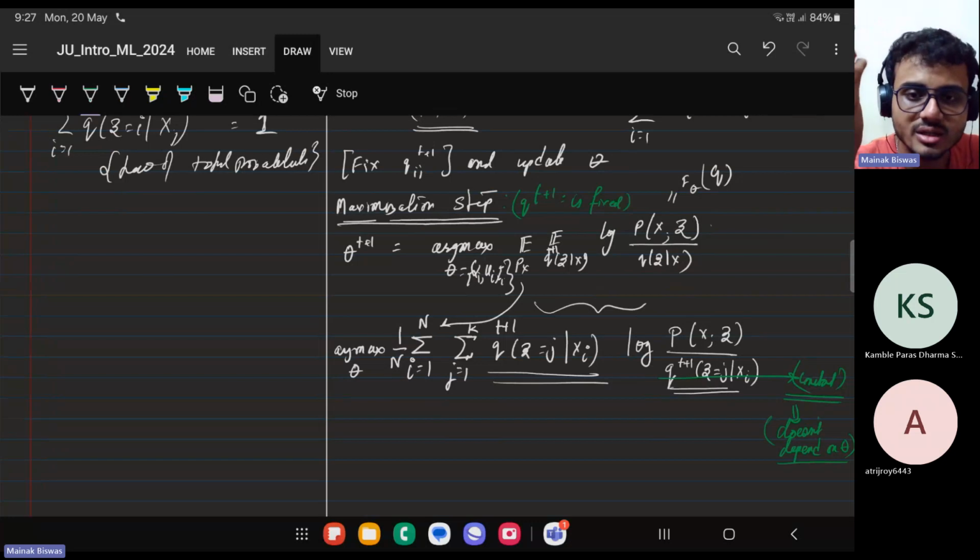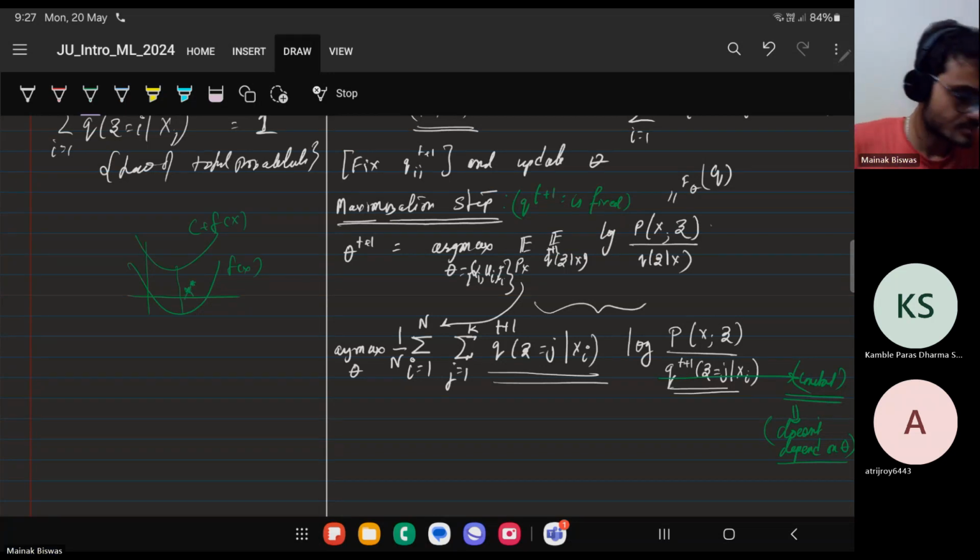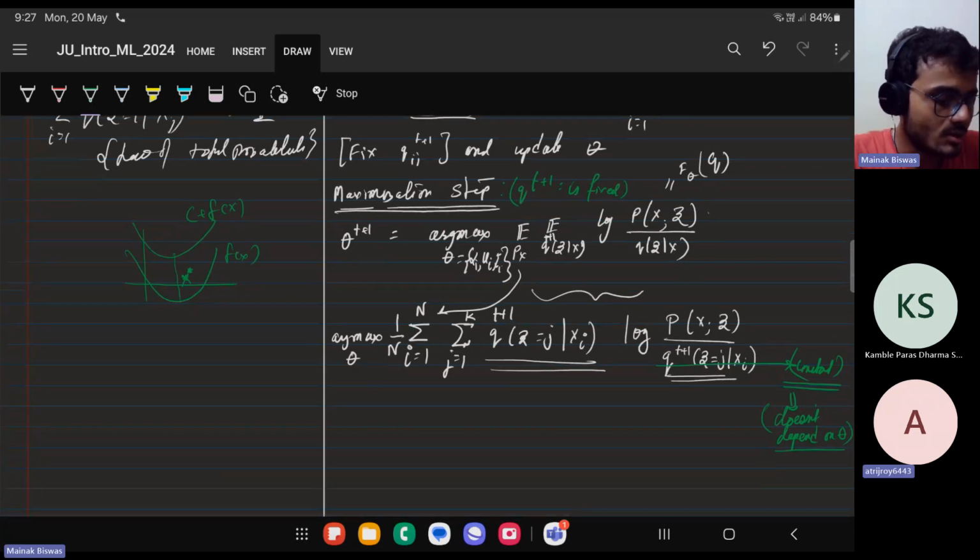Q's are given to you already. They're constants. So whenever I do optimization, constants don't change my argmax. T plus f(x) and f(x) will both have the same x star, right?